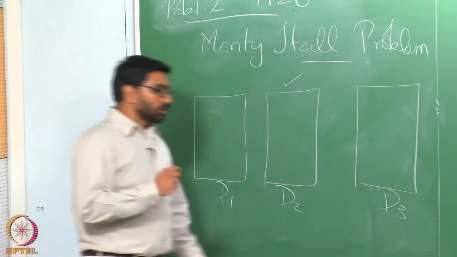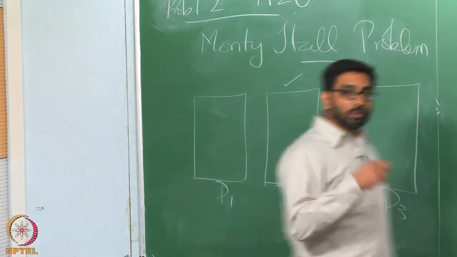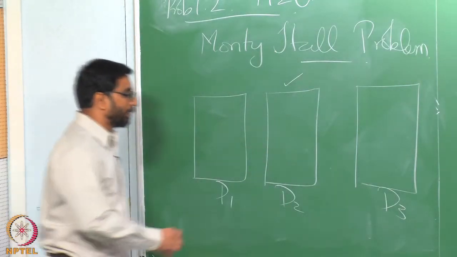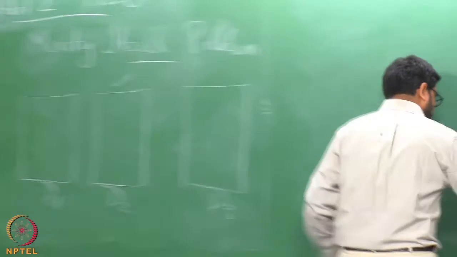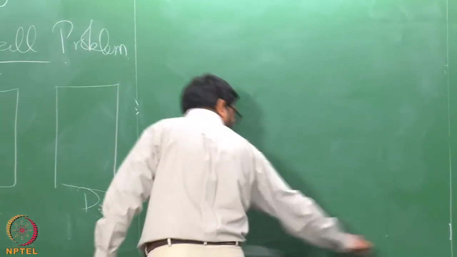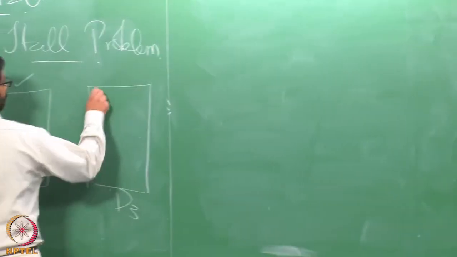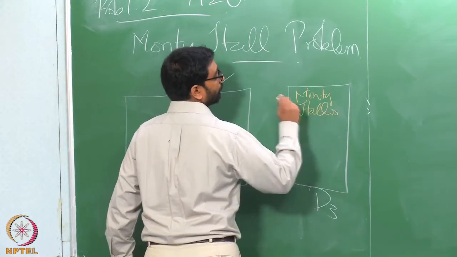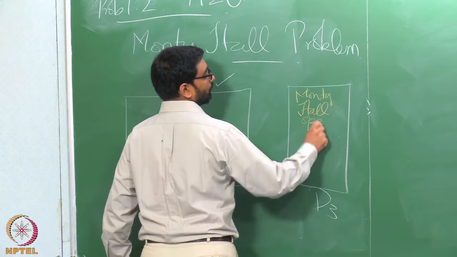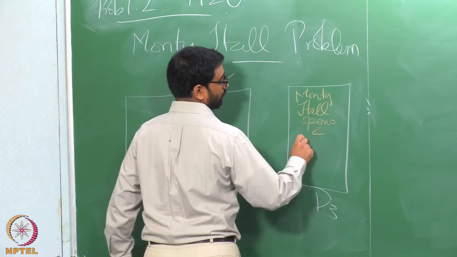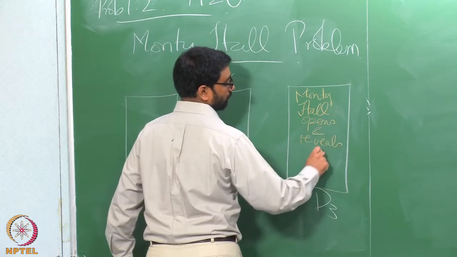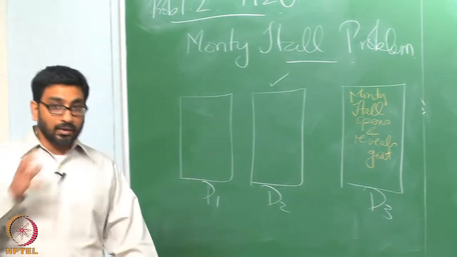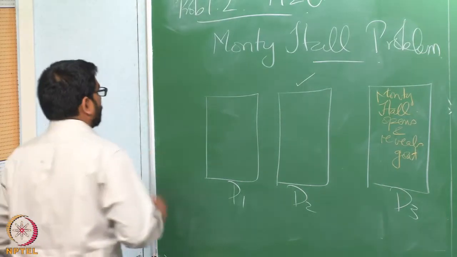So, Monty Hall is going to open the door which contains a goat, and now he gives you the option.